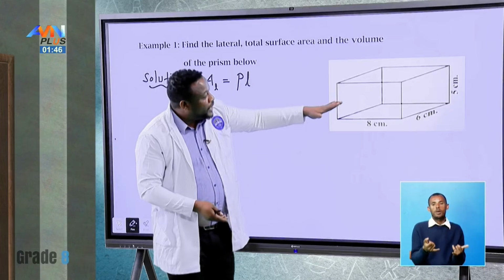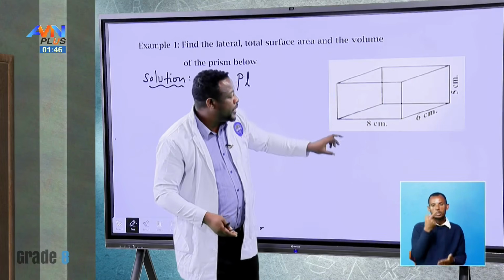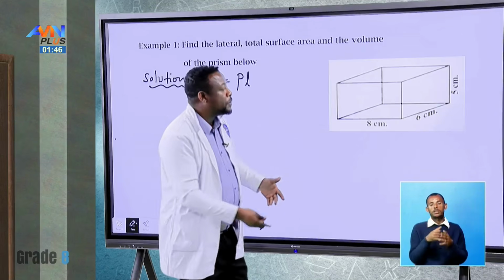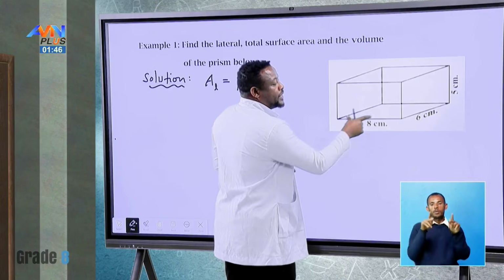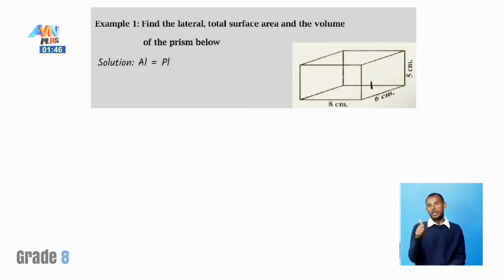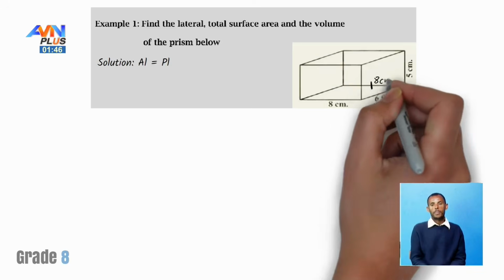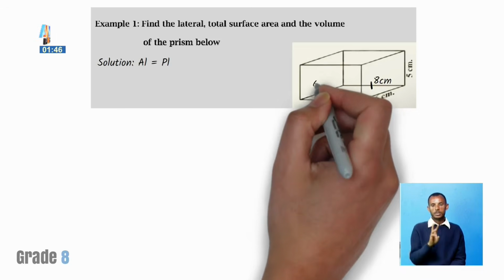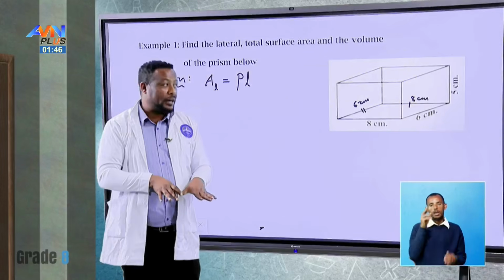Whenever you see this figure, this side is 8. Since it's a rectangular prism, the opposite sides are congruent. So if this is 8, this should be 8. If this side is 6, this side is 6. They are equivalent and parallel.